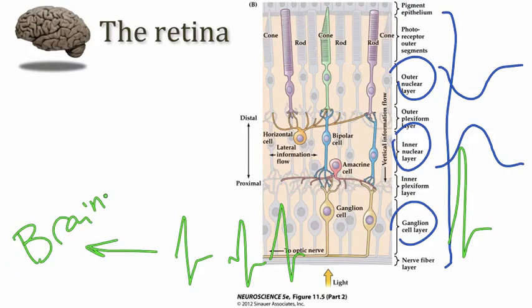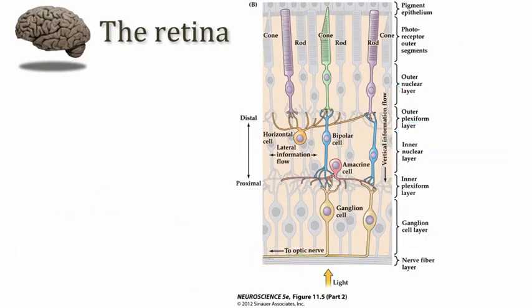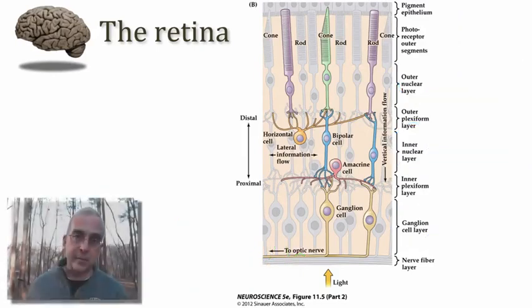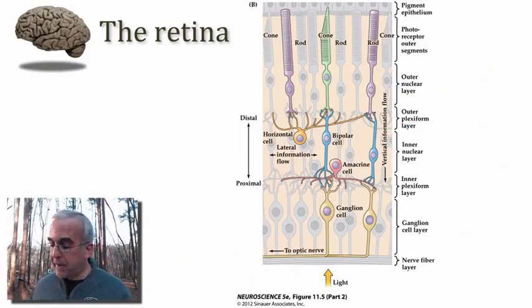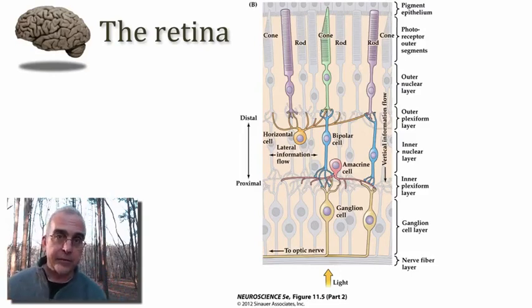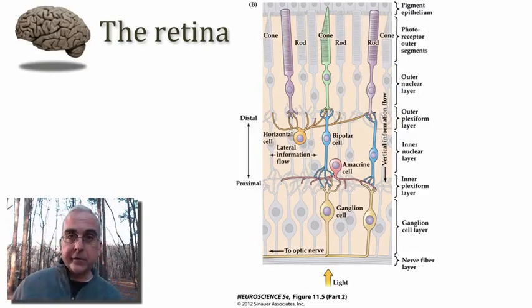So the ganglion cell is the only neuron in the retina that generates an action potential. Well, there's one other cell worth mentioning here before we move on, and that is a special type of glial cell, which is not illustrated here, but glial cells exist in the retina, and this cell is called a Mueller cell, and it functions in a variety of ways to support both the metabolism and the signaling activity of the neurons of the retina.